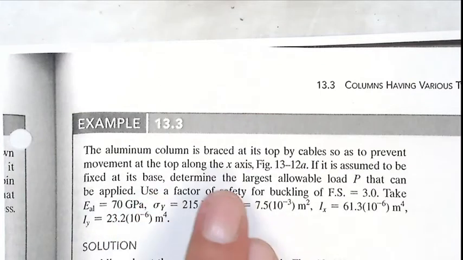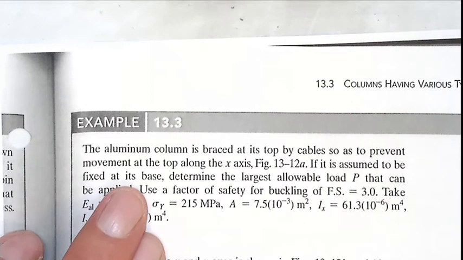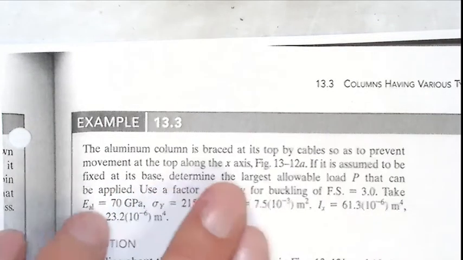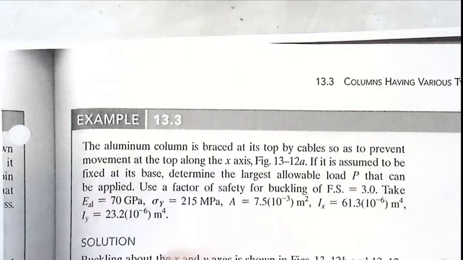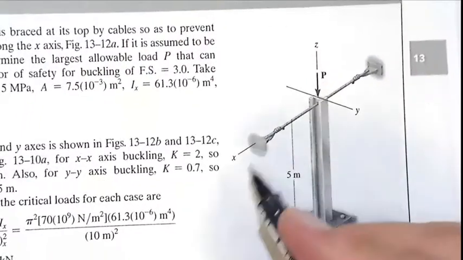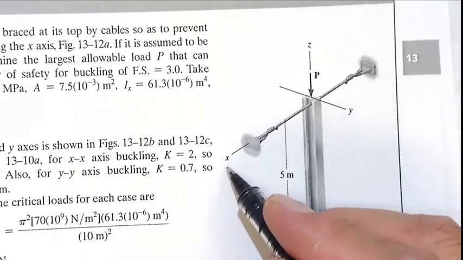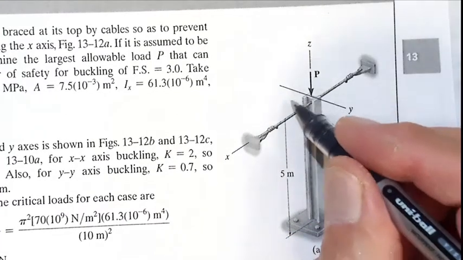It is an aluminum column, braced on the top by cables so as to prevent movement at the top along the x-axis. You see, that is the x-axis; why don't you make a picture? That is the x-axis, and that is the y-axis.